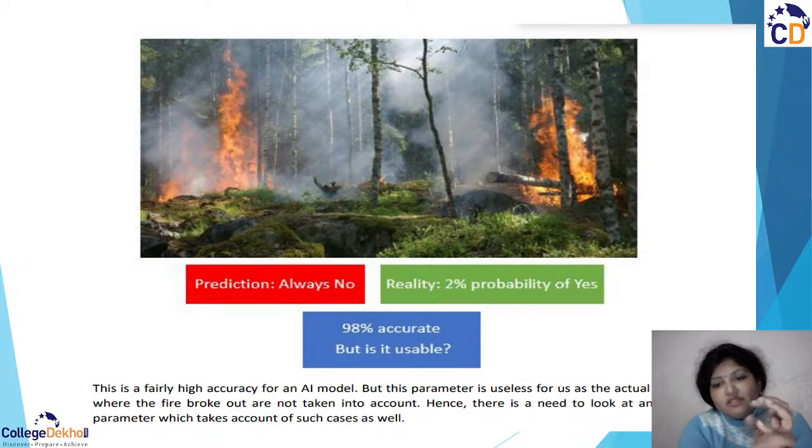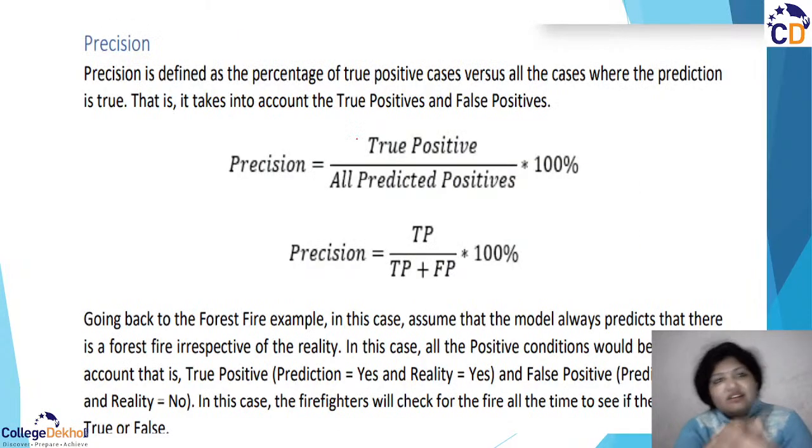But this parameter is not useful for us, as the actual cases where the fire broke out are not taken into account. Hence, there is a need to look at another parameter which takes account of all such cases as well. So that is why we have another measure, that is precision.